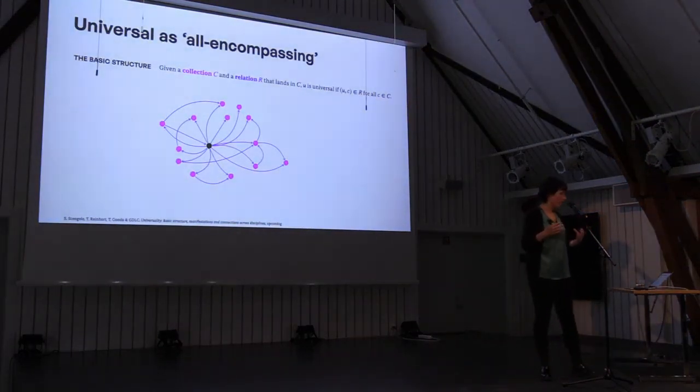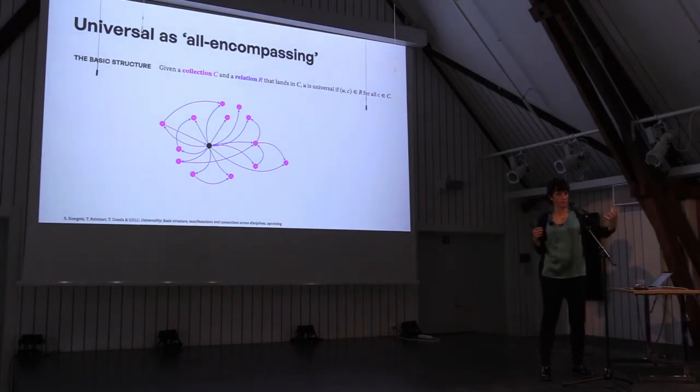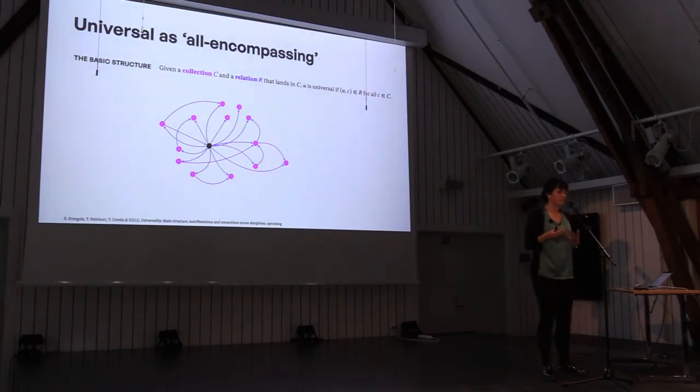And now, all refers to a collection that you're going to quantify, and encompassing refers to a relation. And so what we call the basic structure of universality says this: given a collection C and a relation R that lands in C, which just means that the second argument of R is in C, U is universal if (U, c) is in the relation R for all c in C. So universal is relative to a collection and a relation.